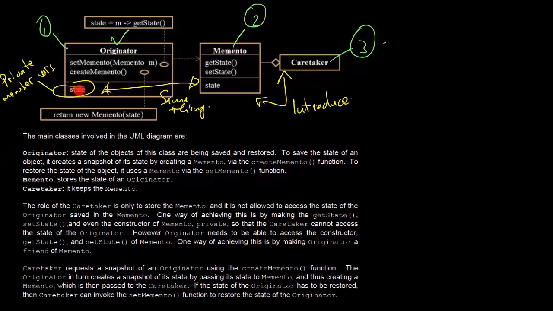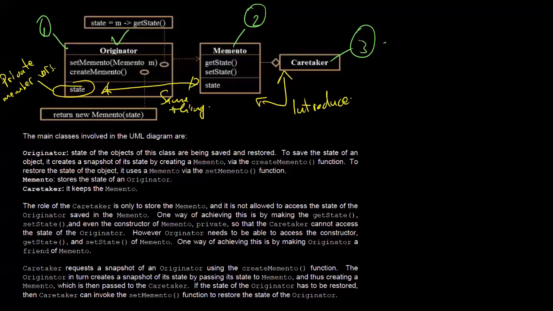You take the value of this, you give it to this class by using the set state function, and therefore you've got an instance. If you want to restore, you simply get an instance of this class. You call the get state function, which will give you this value as it was at that point in time whenever it was created. So you take this value, you simply reassign it to this value. That's the process. That's what's going on here.